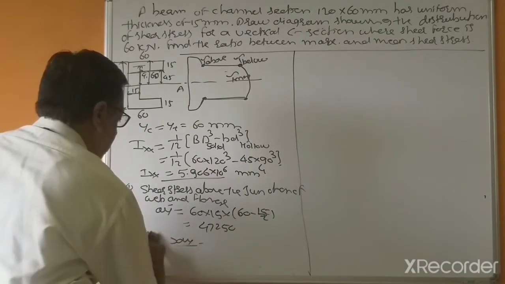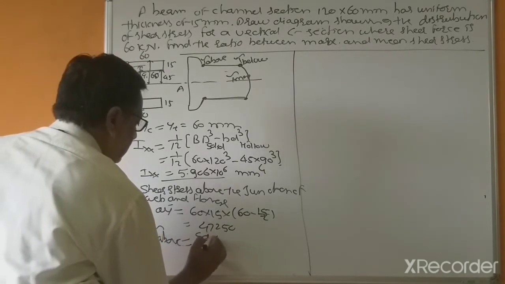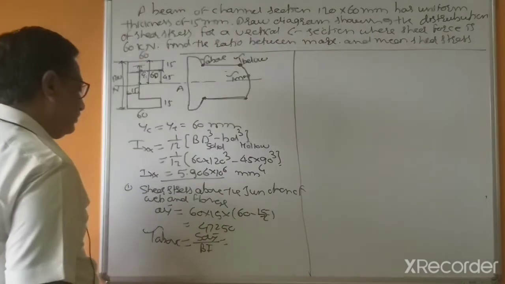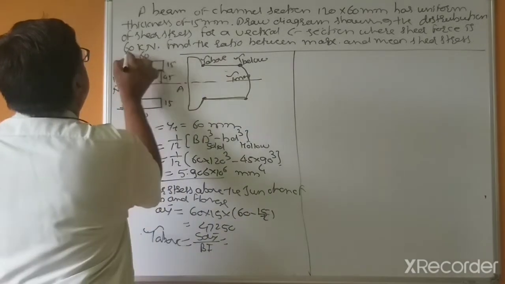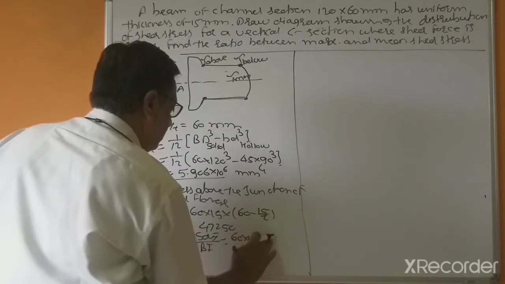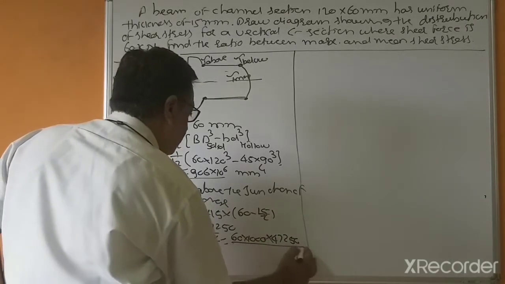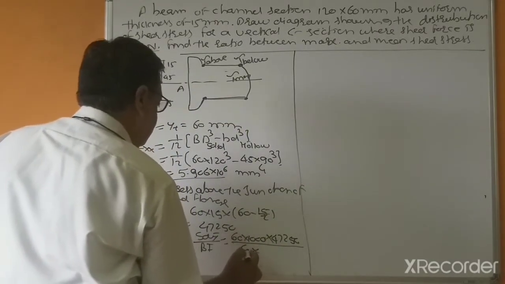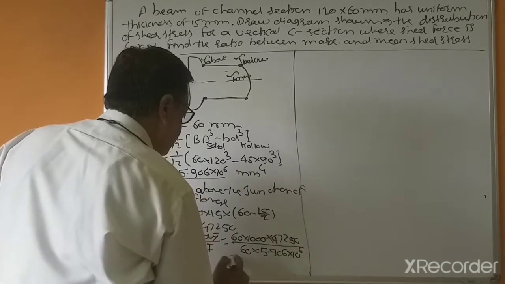Now shear stress above equal to S AY bar divided by b I. So S is what is given, 60 kilonewton. So this is 60 multiplied by 1000 into 47250 divided by b equal to 60, and this moment of inertia 5.906 times 10 to the power 6.